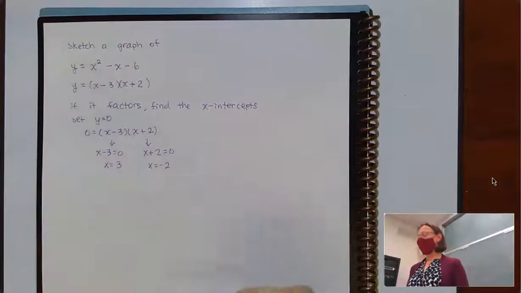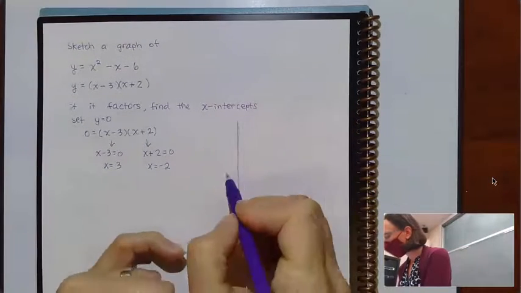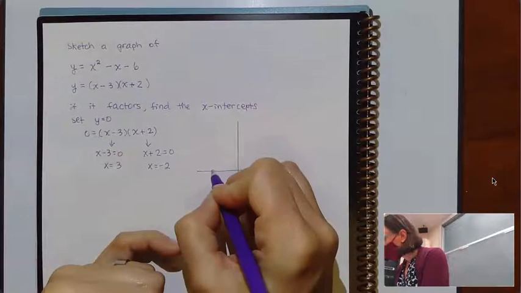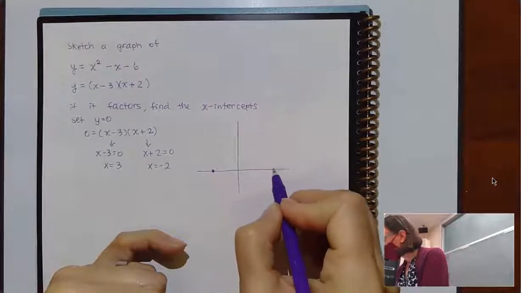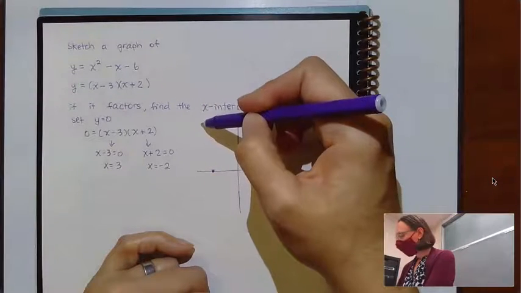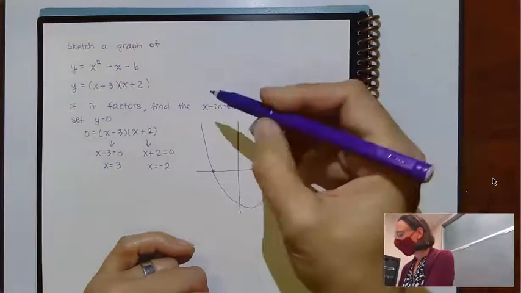So I know that this is going to be a concave up parabola. And if I've got those two X-intercepts, -2 and +3, and I know it's concave up, then I can just go ahead and sketch this thing in.